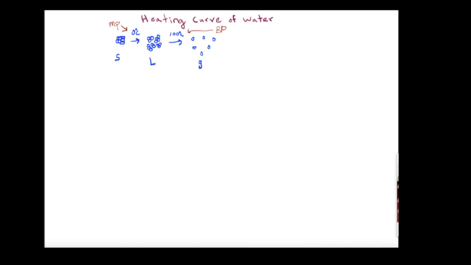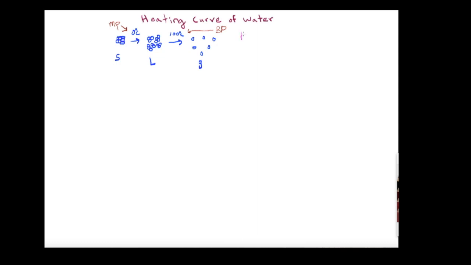So once you've eliminated some of the bonding between the particles, now you have clumps, the system can flow, now it's a liquid. And then from the liquid to the gas, we have the separation of all the particles into individual particles.